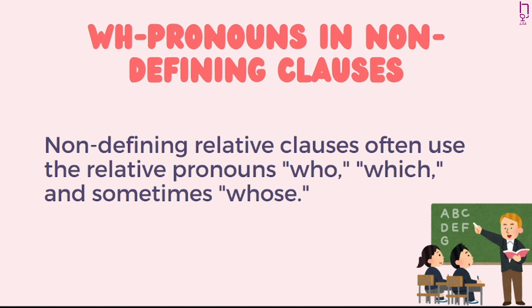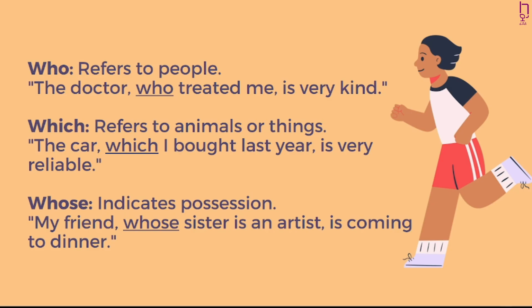So WH pronouns are often used in non-defining relative clauses. The WH pronouns are what we call who, which, and sometimes whose. For example, who usually refers to people. An example: the doctor who treated me is very kind.